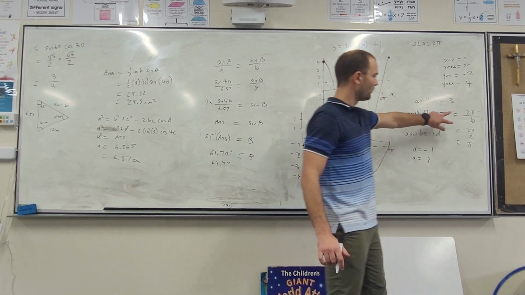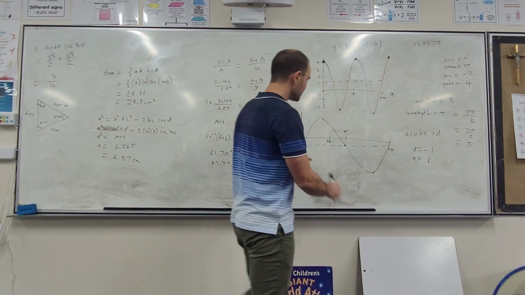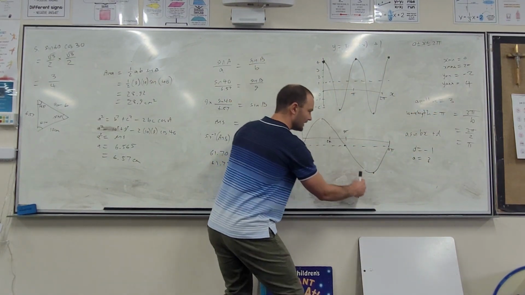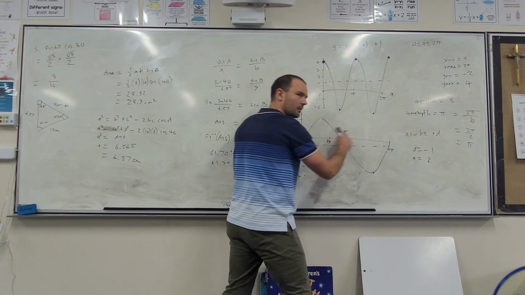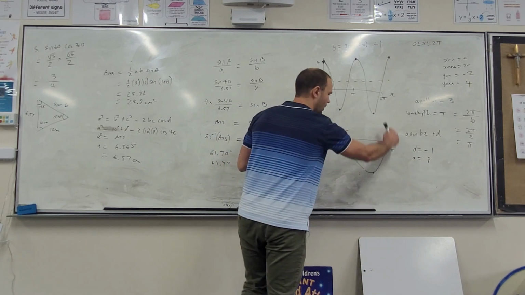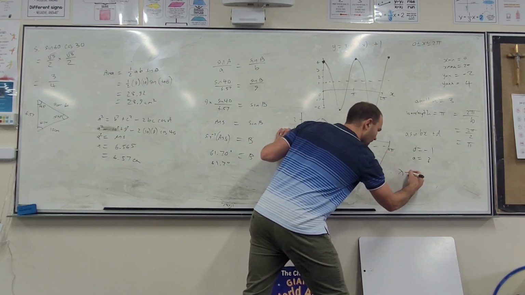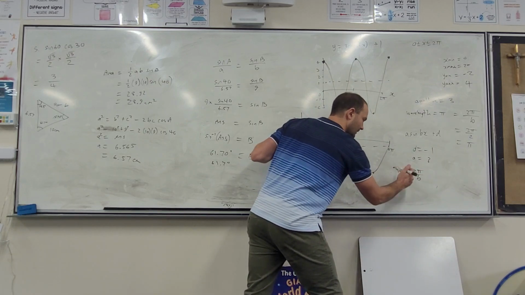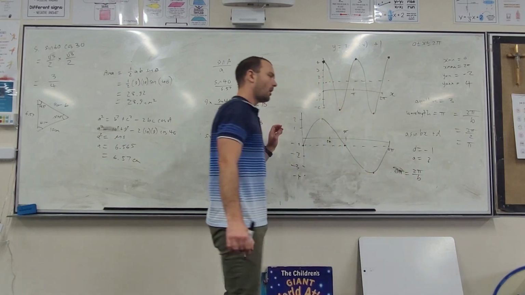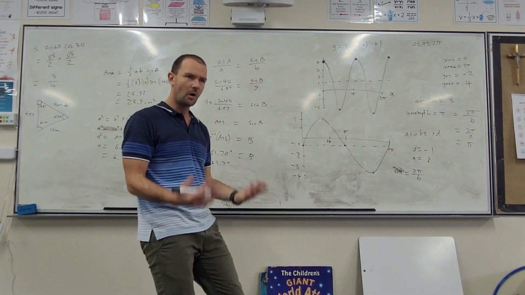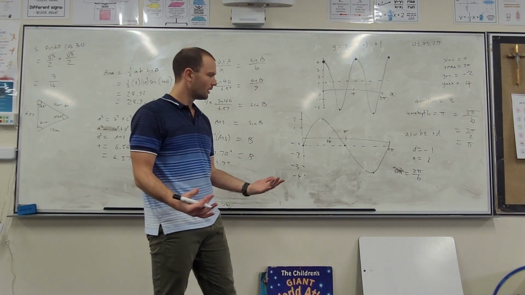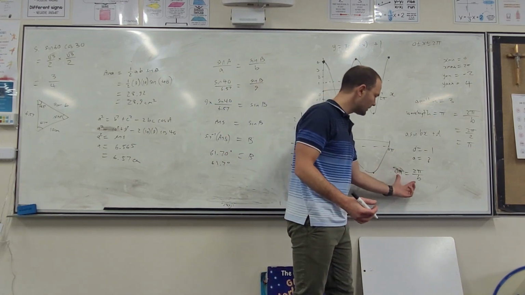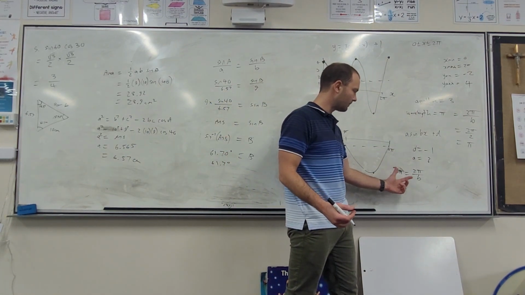Instead, use the formula. We can see the wavelength is 6 pi, and the wavelength formula is 2 pi on B. So the wavelength 6 pi equals 2 pi divided by B. How do we get B in this equation?